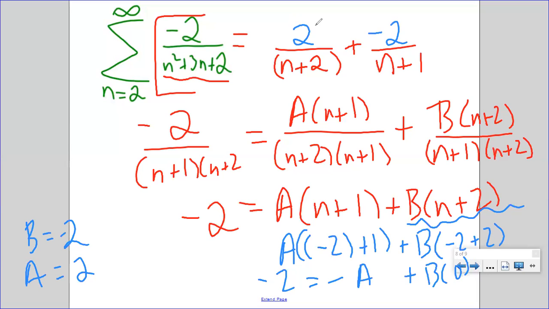Are we okay with that? Does anyone need any of that re-explained? Yeah, Olivia. Wait, can they go together because you get those values when n is different numbers? Yes, that's okay. The other way we could do this is make a system: multiply out the A and multiply out the B, and then you'd realize that AN plus BN has to equal 0, and that A plus 2B has to equal -2.